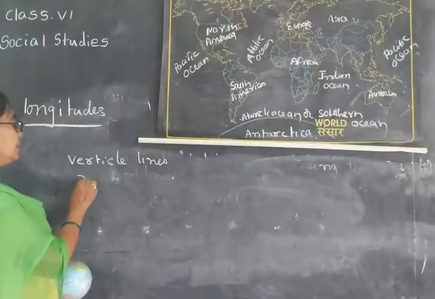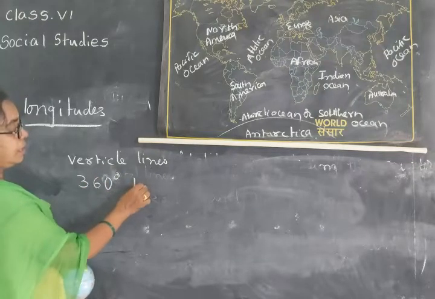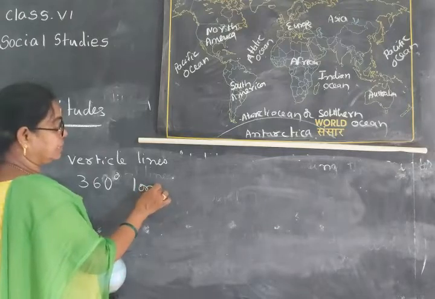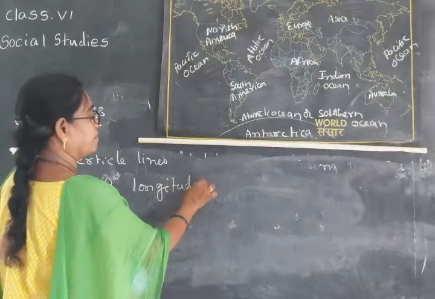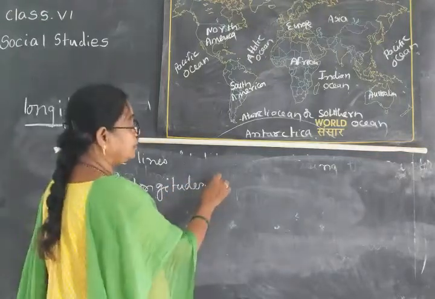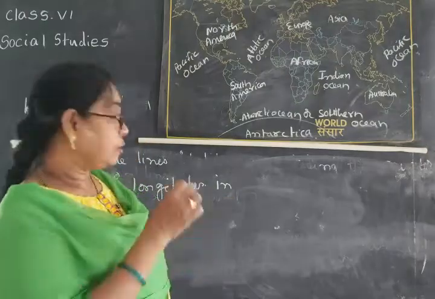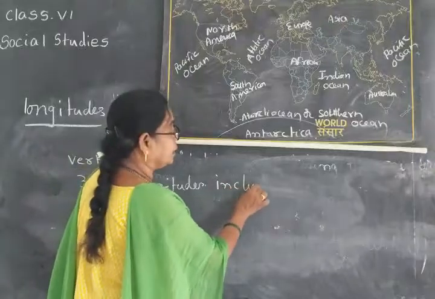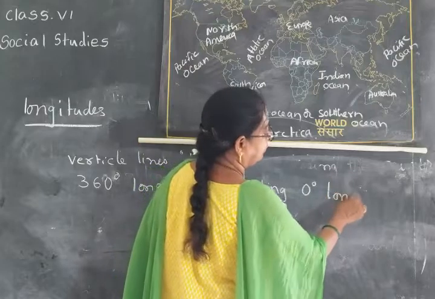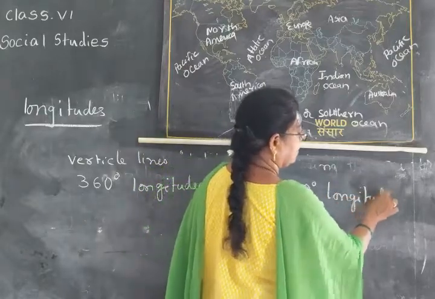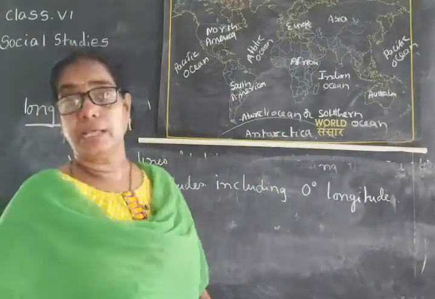How many longitudes are there? 360 longitudes are there, including the 0 degree longitude. Before, we said excluding the equator, 0 degree latitude. Now we are saying including the 0 degree longitude.